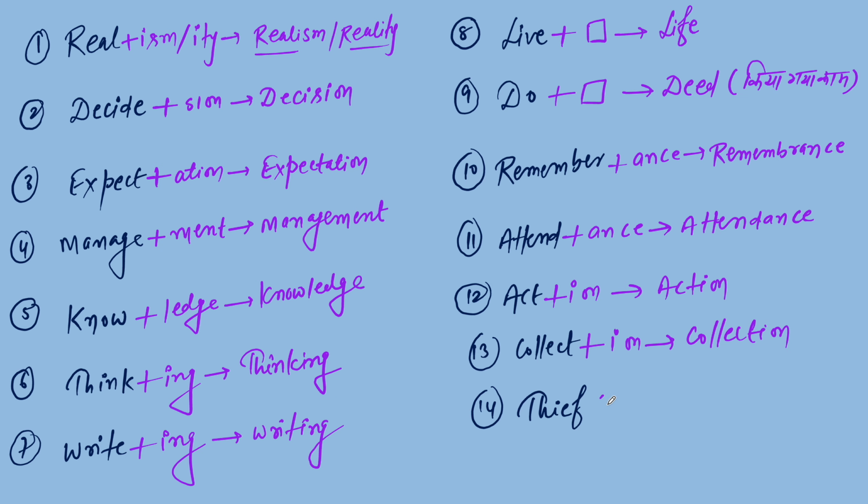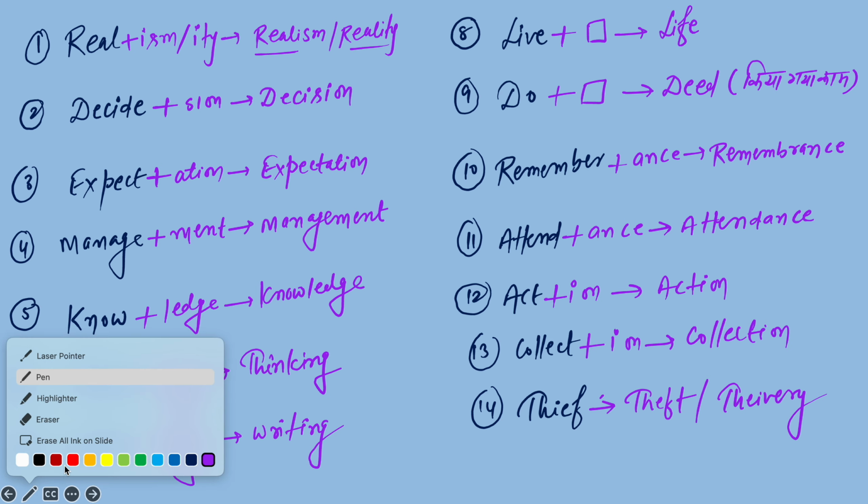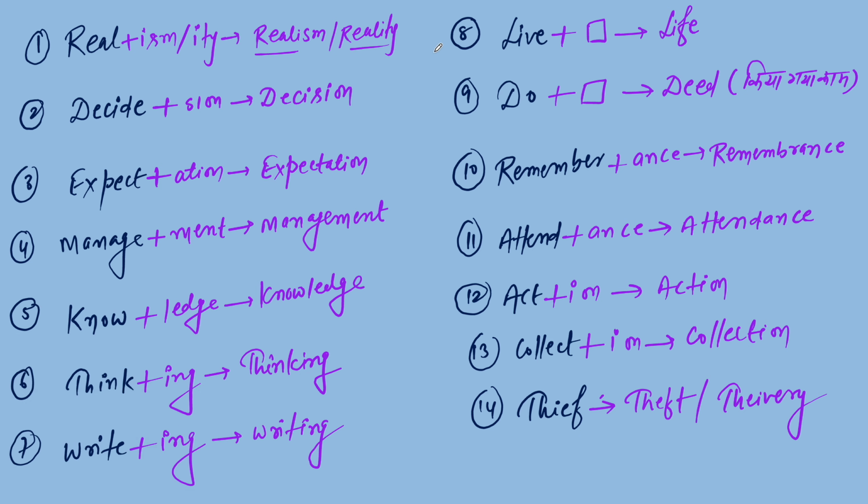Yeah, theft, or you can say we don't need to write anything with it, but absolutely it will be theft, or you can say thievery. Is it clear? Okay. So basically we have added so many affixes to different words, and we have made abstract nouns. So all these words are abstract nouns.